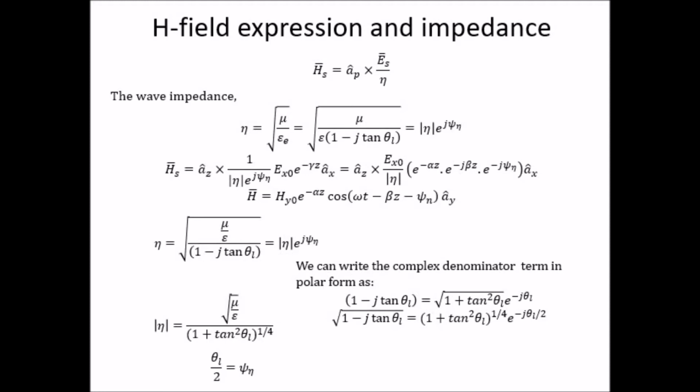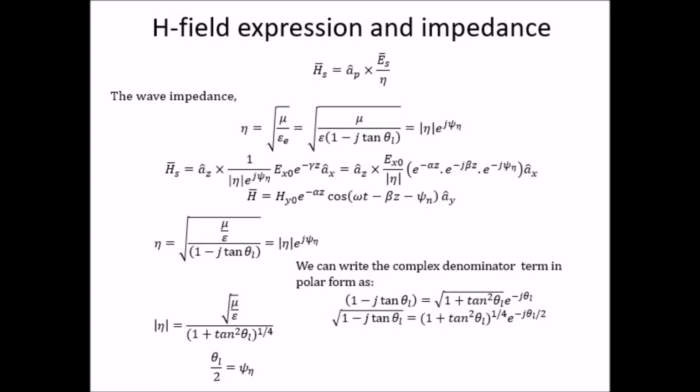HS is equal to a_p cross ES over eta, where a_p is the propagation direction of the wave, ES is the electric field, and eta is the intrinsic impedance or wave impedance. We already found ES, the electric field, and we know its propagation direction. So we only need to discuss the intrinsic impedance.